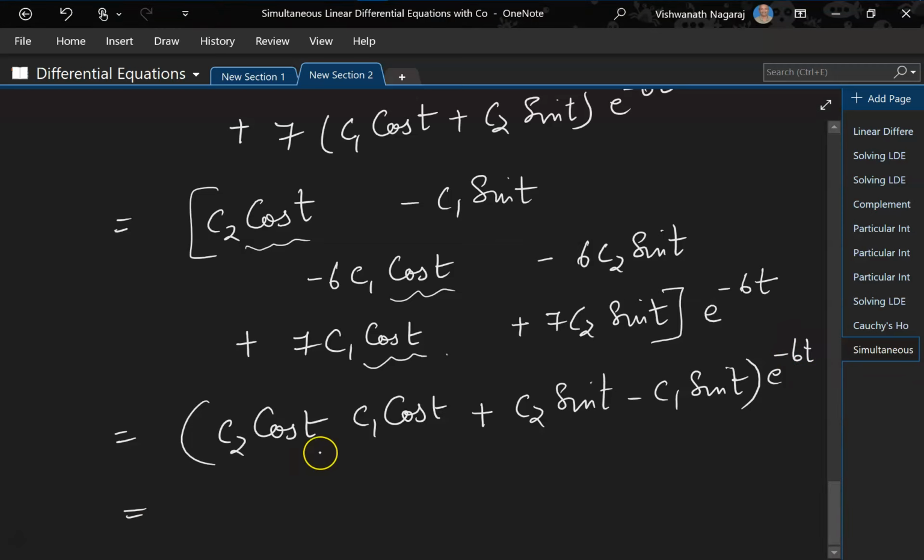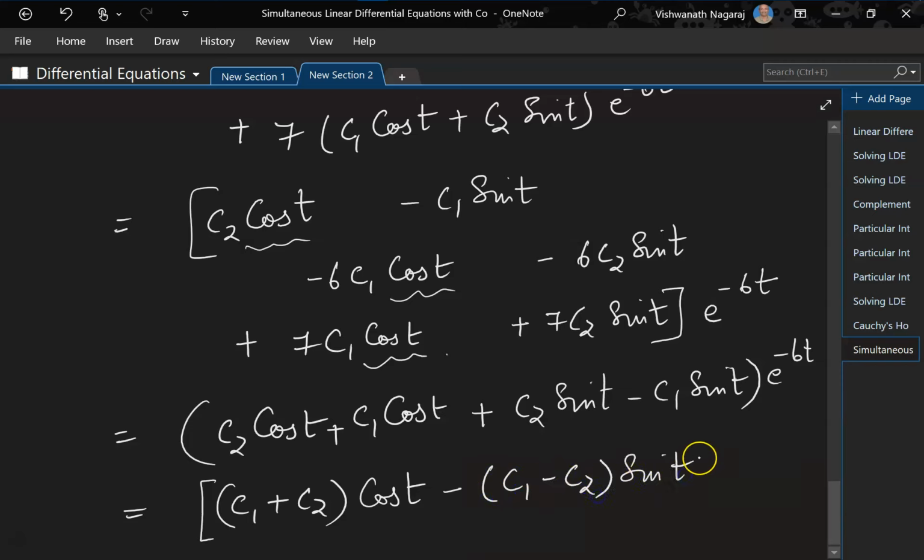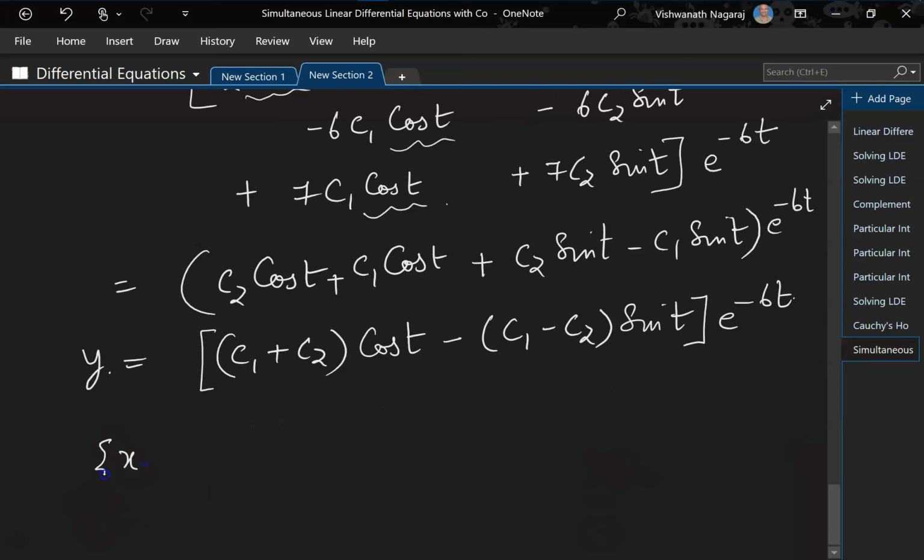Here there is a plus, so c1 plus c2 cos t plus, or if you want it as c1 c2, then minus c1 minus c2 sin t, e to the power of minus 6t. And remember, this is y. So our solution is x comma y.